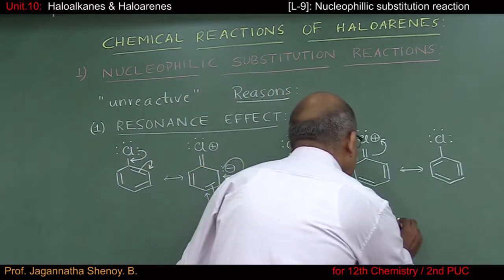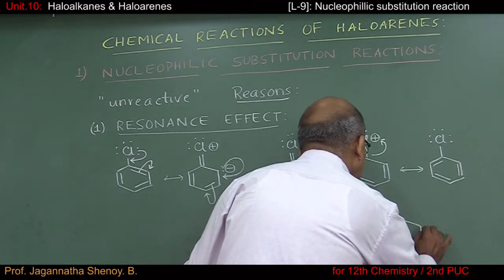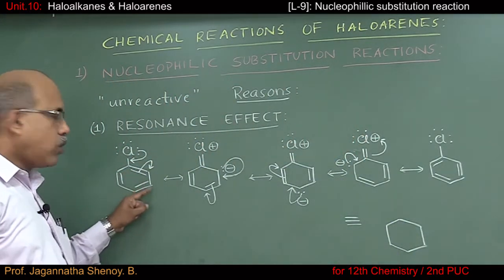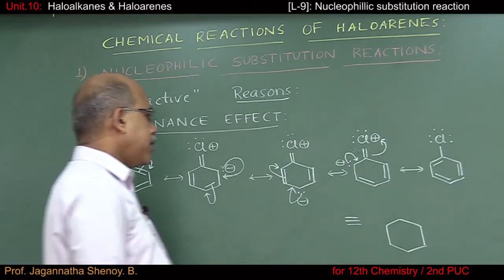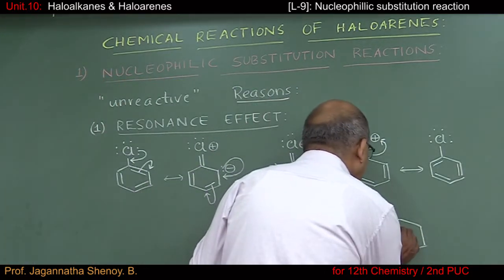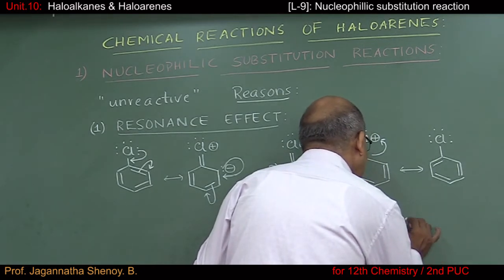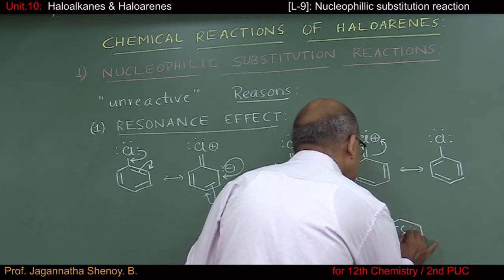So when you write the resonance hybrid, I'll draw a hexagon like this. You know that the pi electrons are getting delocalized over the hexagonal ring. That's why I'm going to write the dispersal of the negative charge on the benzene ring like this.